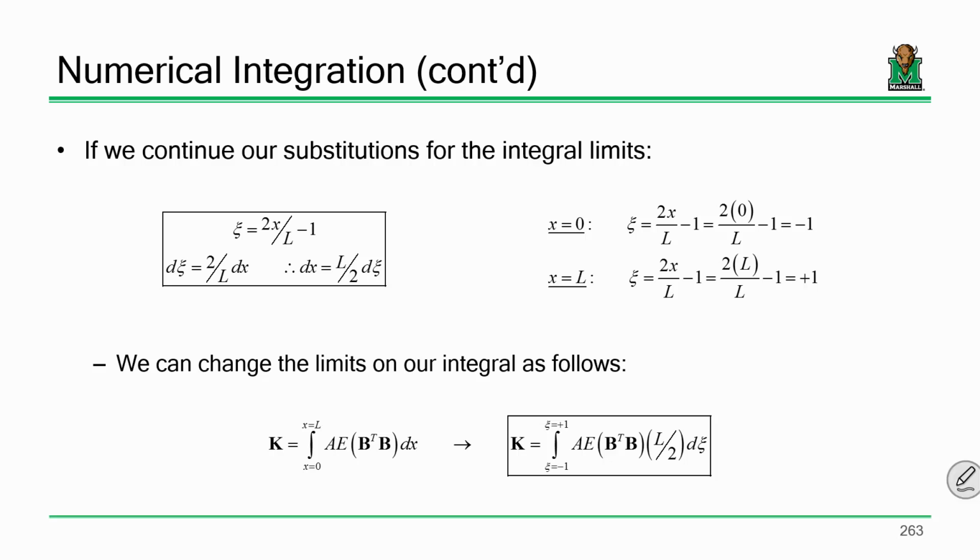It's minus 1. Everybody okay? Now, what do I get at x equals L? 2 times L over L is 2. 2 minus 1 is 1. Okay? So, my point is that I have taken this and converted it into this. It's the same integral, and it will give you the same answer. But instead of it being an integral from x equals 0 to x equals L, it's an integral from minus 1 to plus 1. Does everybody see that?